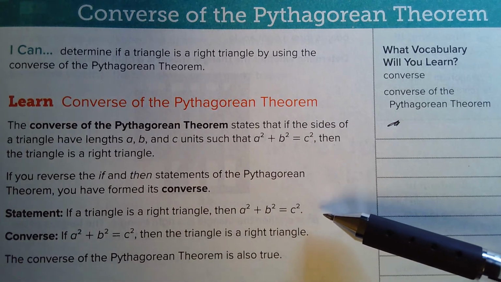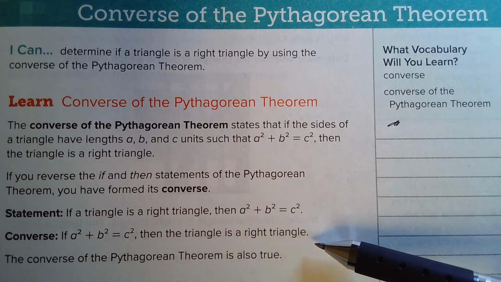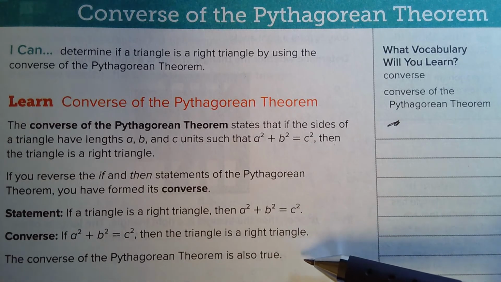Statement: if a triangle is a right triangle, then A squared plus B squared equals C squared. So the converse of that is: if A squared plus B squared equals C squared, then the triangle is a right triangle. The converse of the Pythagorean theorem is also true.